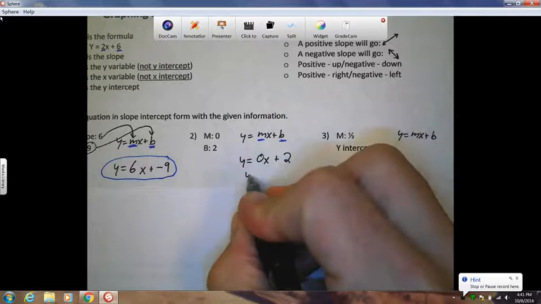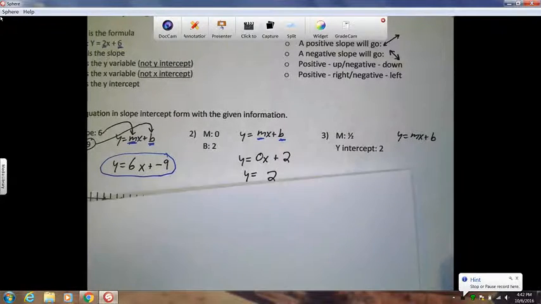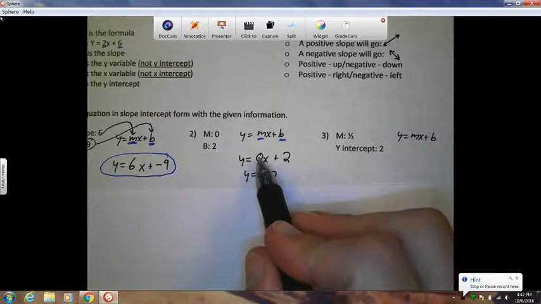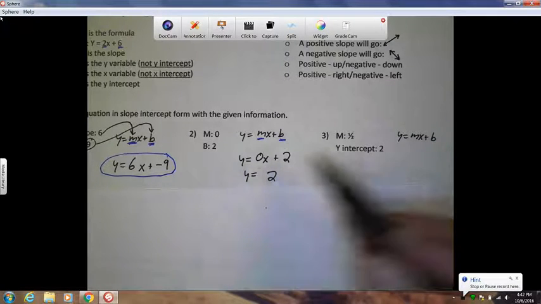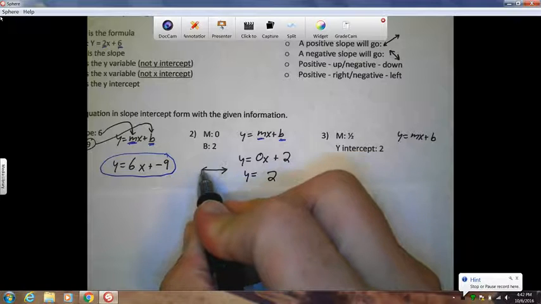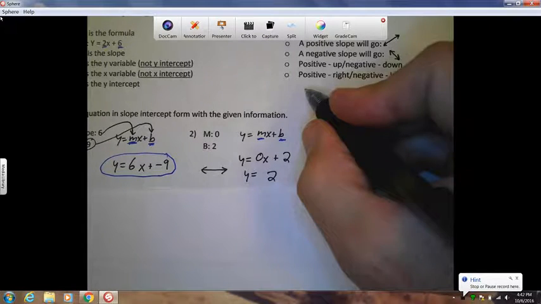Now remember the type of lines when you see this. If you have a 0 slope, your line will be horizontal. Like that. If you have an undefined slope, so like if I had x equals 2, it would be a vertical line.